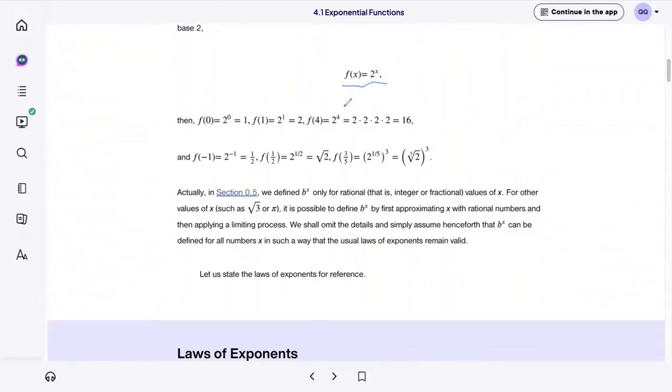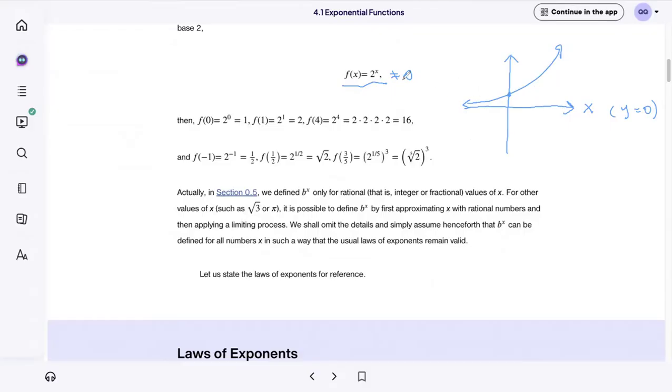So this is a doubling model. If we graph it, the graph looks like this. When x equals 0, the y value is 1. Then to the left-hand side, the graph will never touch the x-axis, because the x-axis is where the function value equals 0, and 2 raised to anything will never be 0.